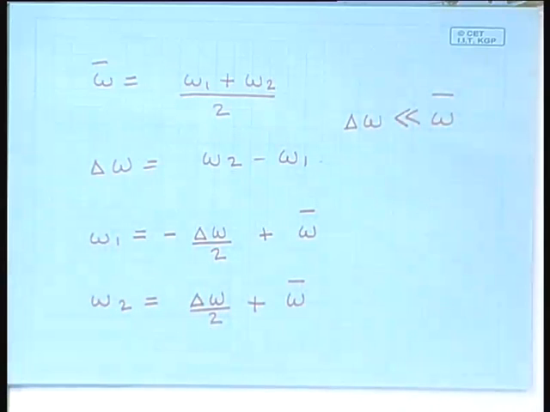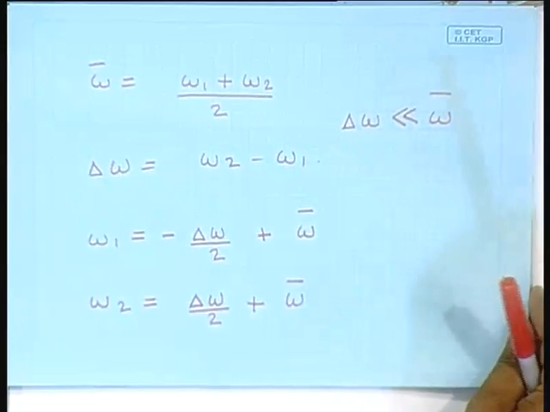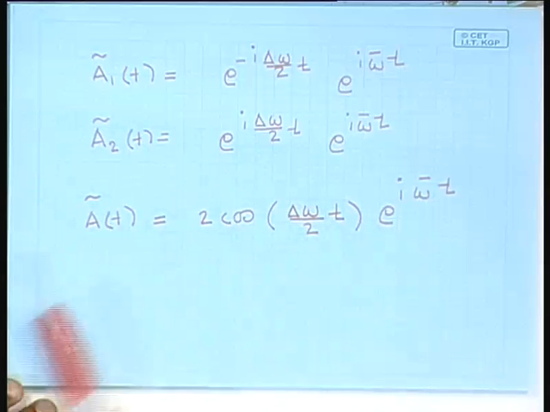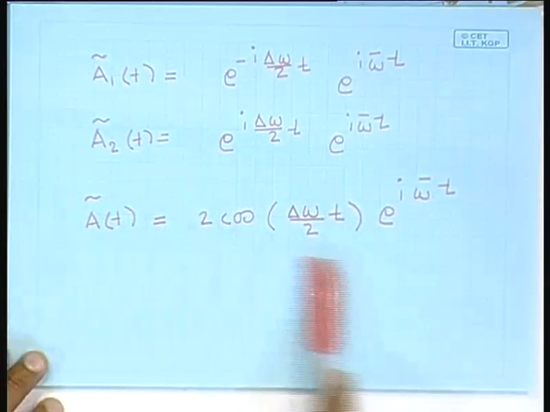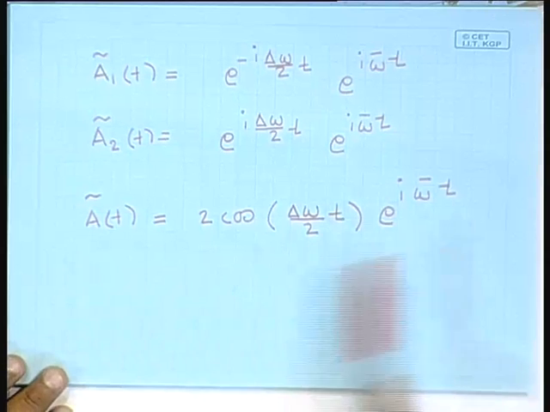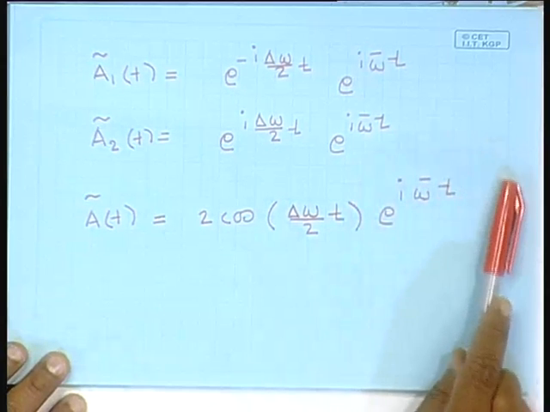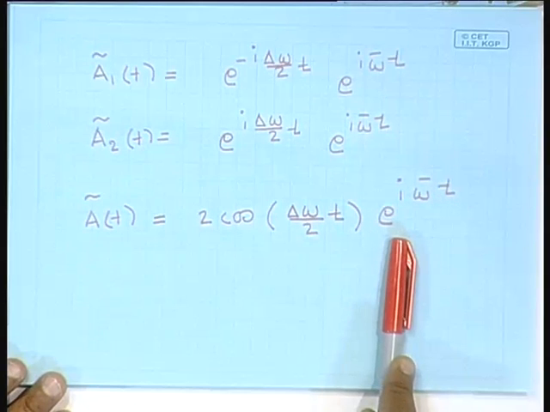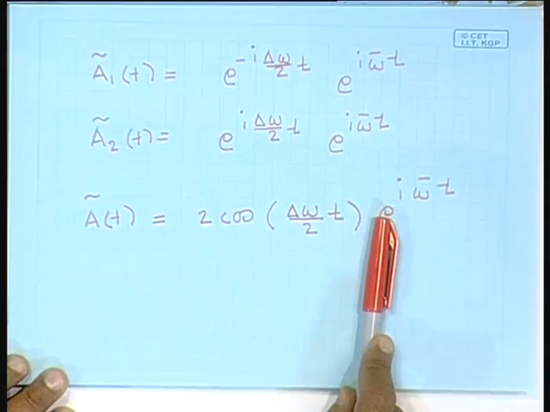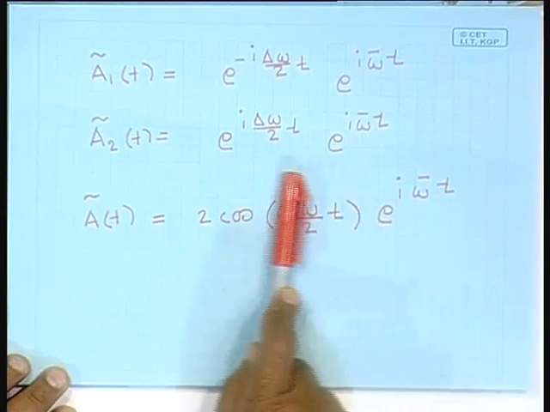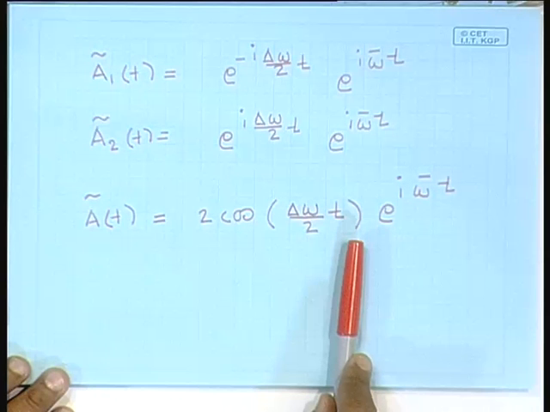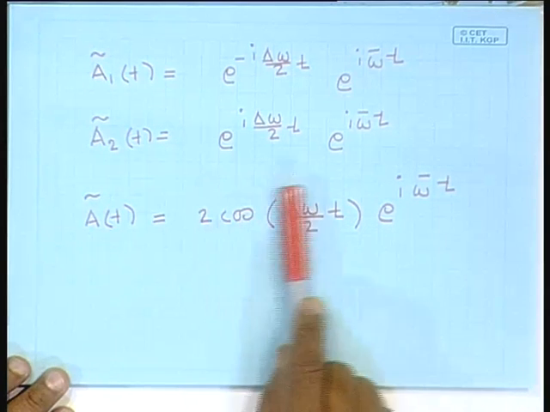We have the superposition of two waves of very close frequencies, and the resultant looks like this. This can be interpreted as follows: we have a fast oscillation at the average frequency of the two waves. The amplitude of this fast oscillation itself oscillates slowly at the difference frequency, the difference of the two frequencies.